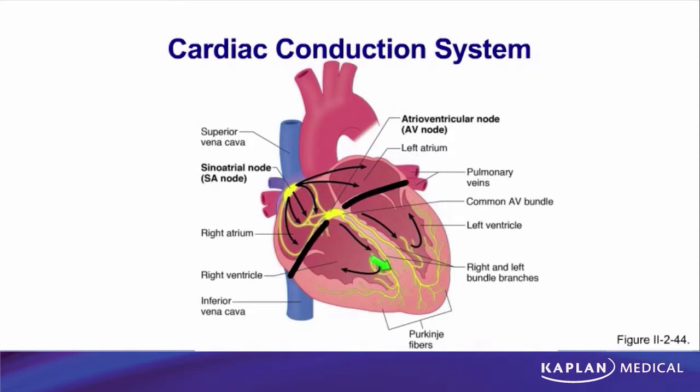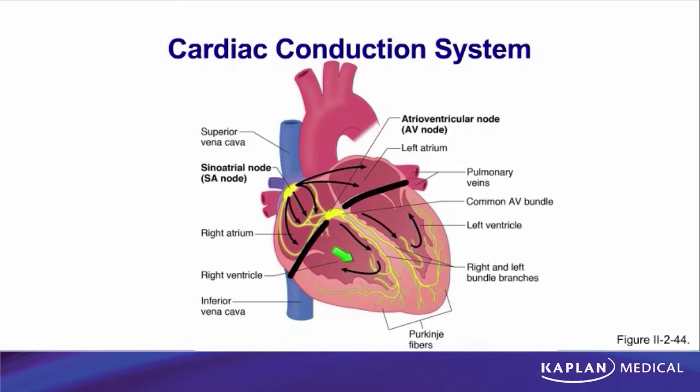But if that were the end of the story, we'd still have a problem. And now the problem would be that not only is the ventricle depolarizing at the same rate as the atrium, but it would be depolarizing at the same time as the atrium. In other words, atrial systole and ventricular systole would occur together. And that's not what we want.